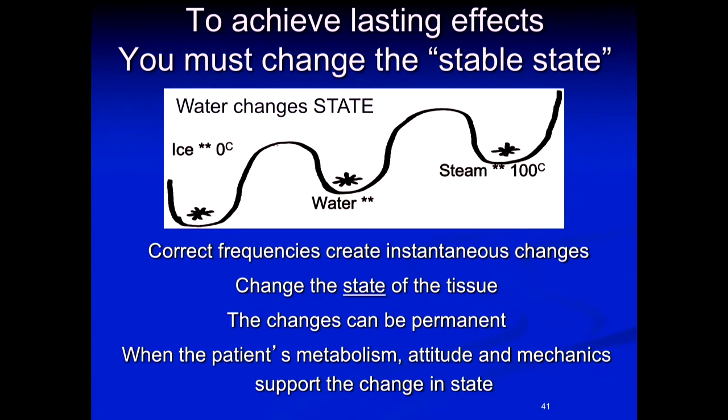However, to achieve lasting effects, you have to change the stable state. The frequencies work to create instantaneous changes. They're in minutes, right? So the best example of a change in state is water.